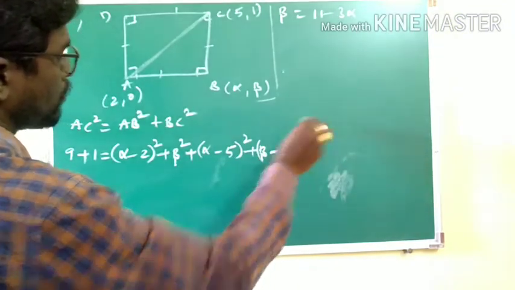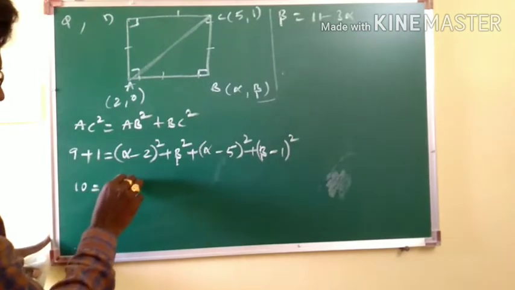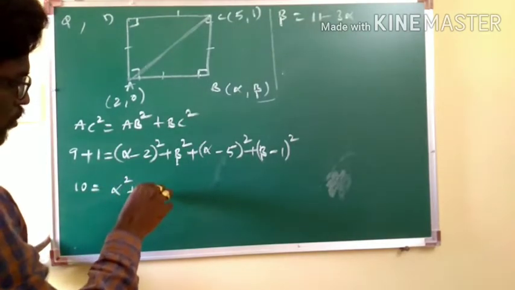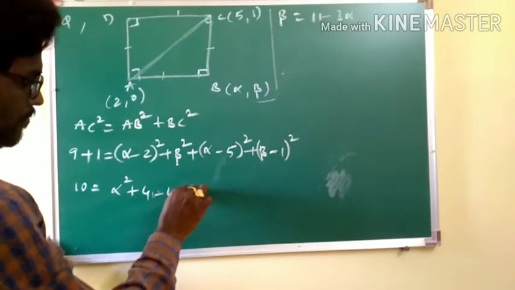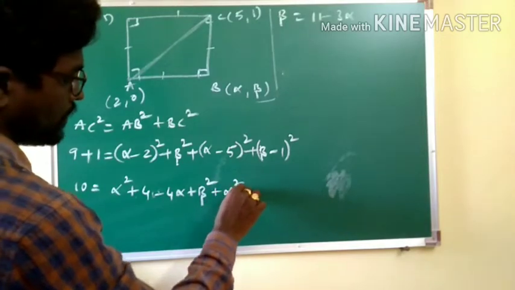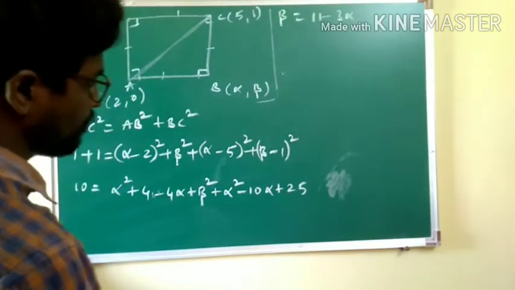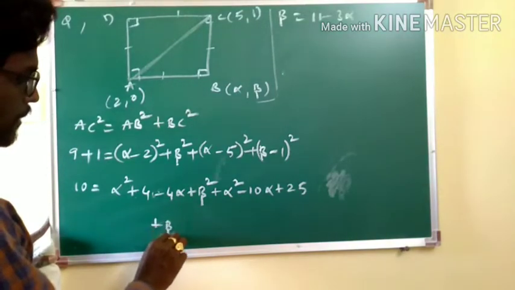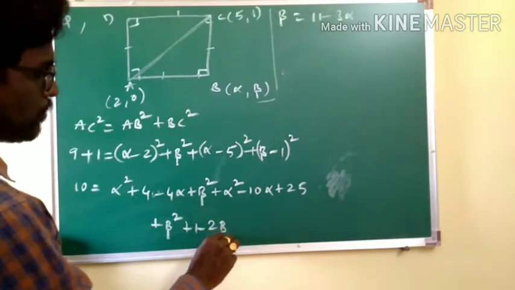minus 1 whole square, which is 10, is equal to alpha square minus 4 alpha plus 4 minus 4 alpha plus beta square plus alpha square minus 10 alpha plus 25, plus beta square plus 1 minus 2 beta.